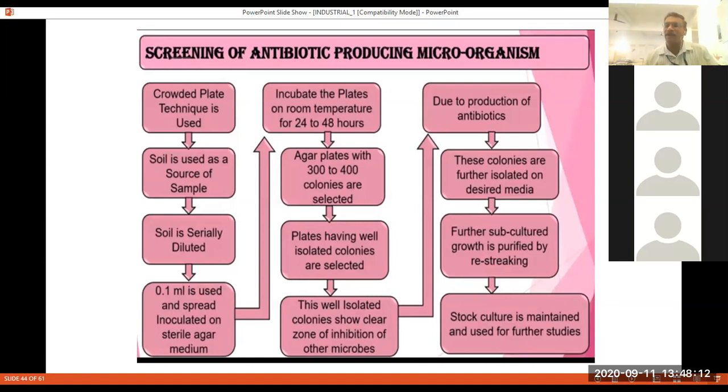And those cultures you have to incubate again in the incubator or at room temperature. Once you get the growth, later on we call them the stock culture. That stock culture you have to maintain in the refrigerator in your laboratory for further studies.